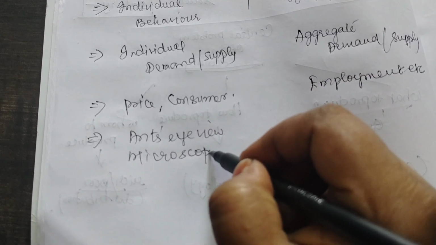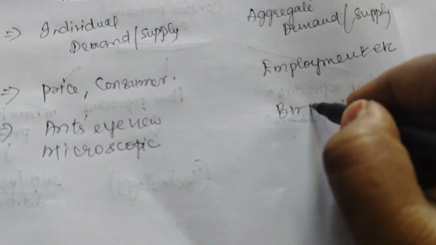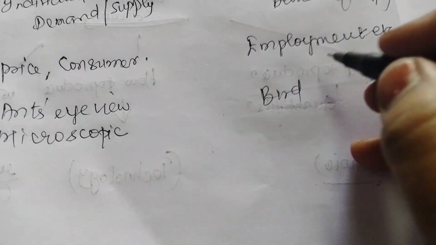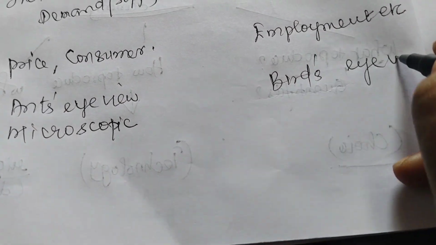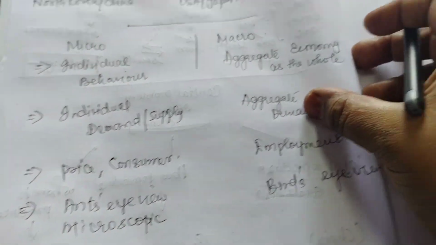As it is a detailed study, it is called the microscopic view or ant's eye view. Macro we call the bird's eye view. So this is all about micro and macroeconomics.